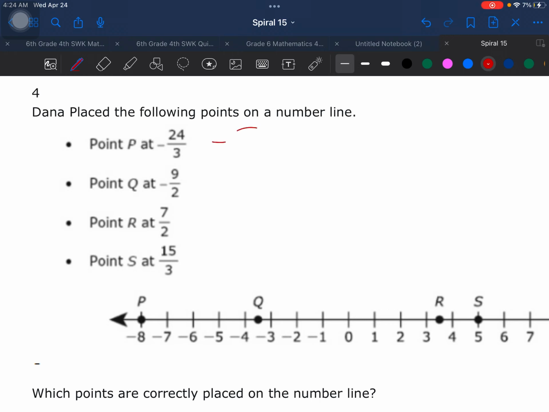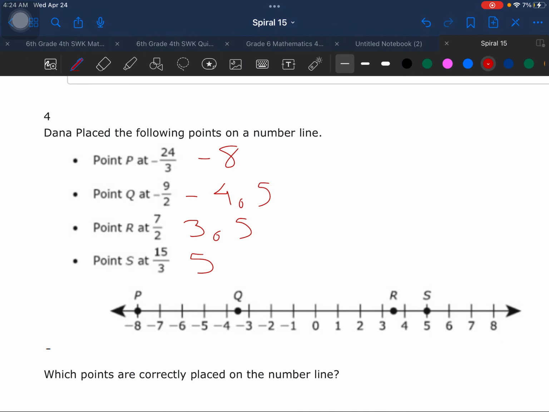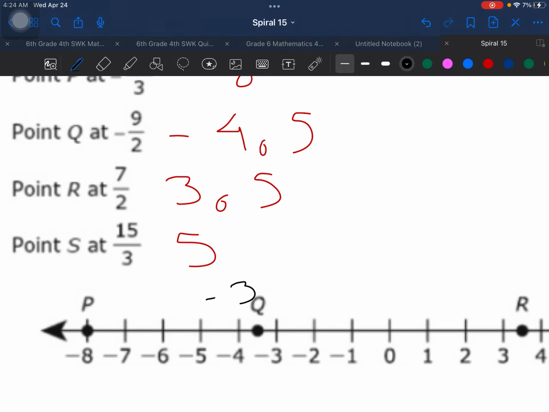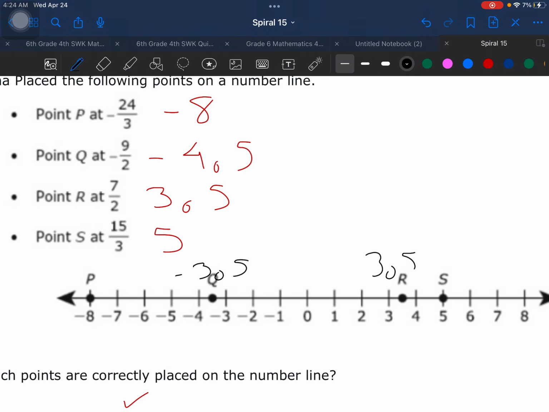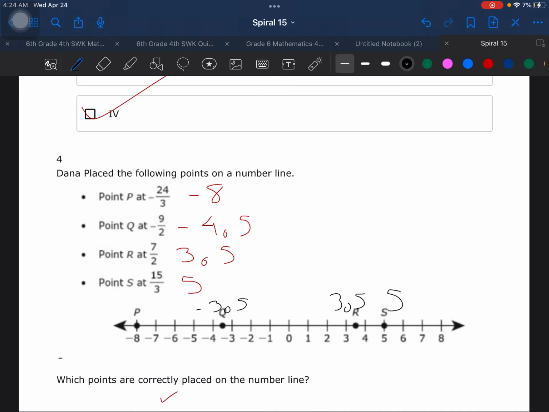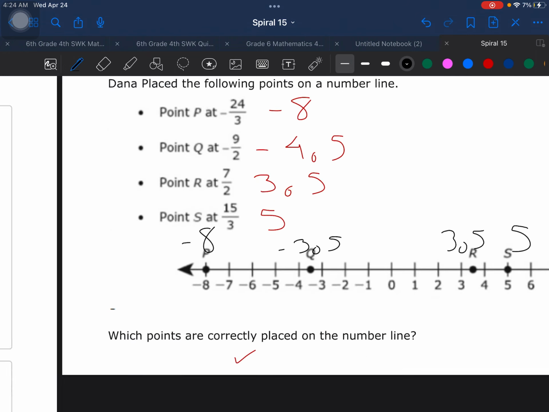And number 4, last one for this video. When you divide these, you're going to get -8, -4.5, 3.5, and 5. Which points are correctly placed on the number line? Well, this is -3.5. This is 3.5. This is 5. And this is -8.